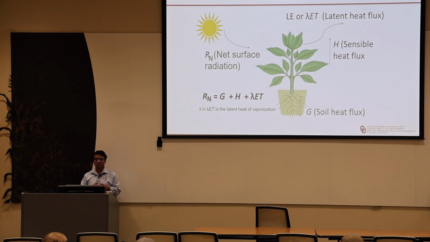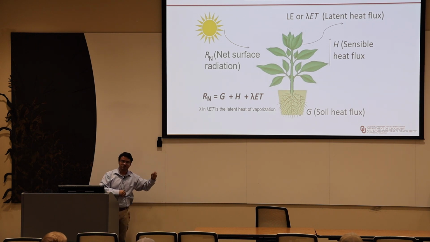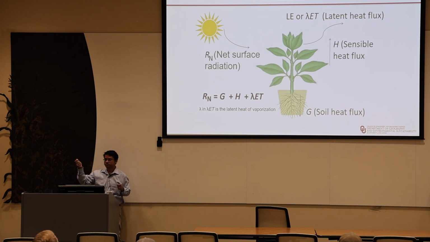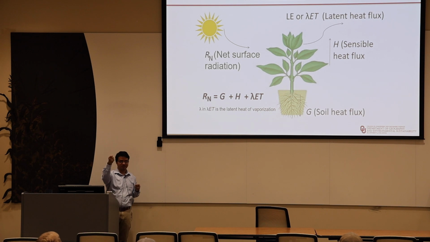Latent heat flux is the energy that is used for the process of evapotranspiration. Here, lambda ET: lambda is the latent heat of vaporization. It is the amount of energy that is used to convert one unit of liquid water to water vapor, and if you multiply that by total ET, you get the latent heat flux.